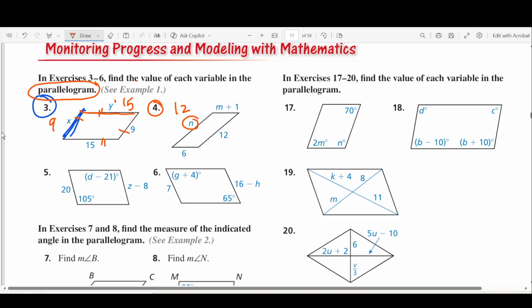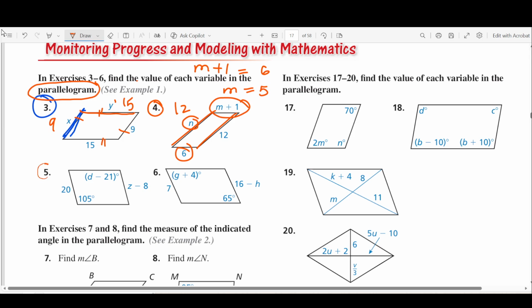Very good. It's 12 because opposite sides are equal in a parallelogram. And what about m? 6. M plus 1 is 6, right? So we will write m plus 1 is equal to 6. So how much is m? You need to just find m. 5. Very good. 5. 6 minus 1.